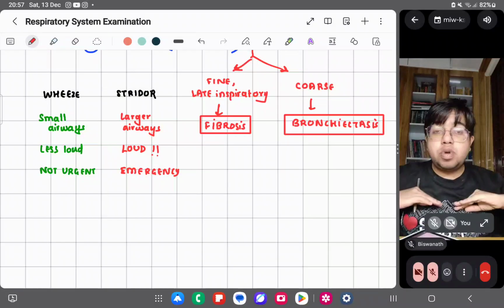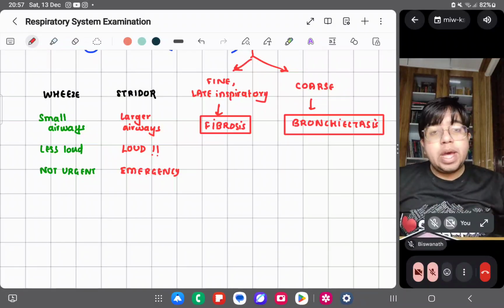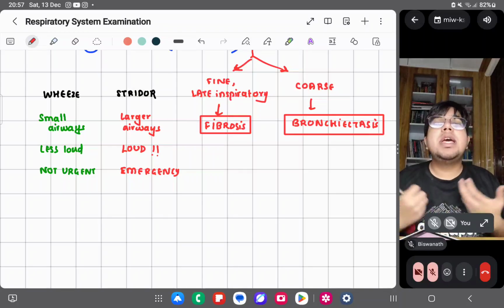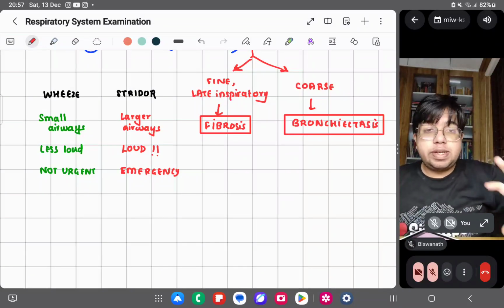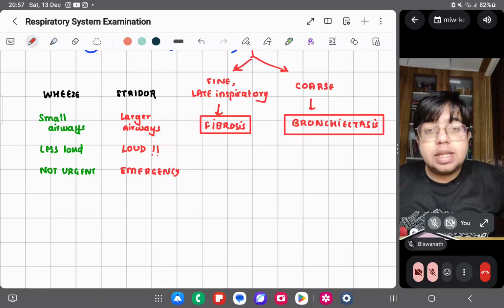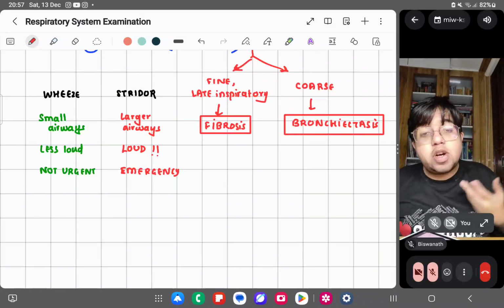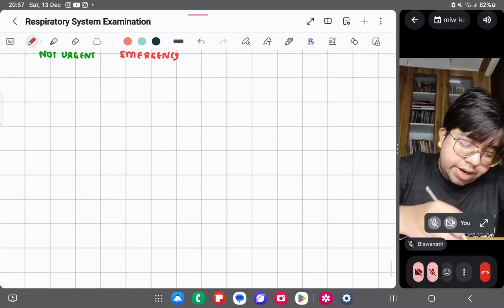If it is the same, no problem. If vocal fremitus is absent, what happened? Maybe pleural effusion may be there on that side. If there is an increased vocal resonance, then there may be a consolidation. So vocal resonance.